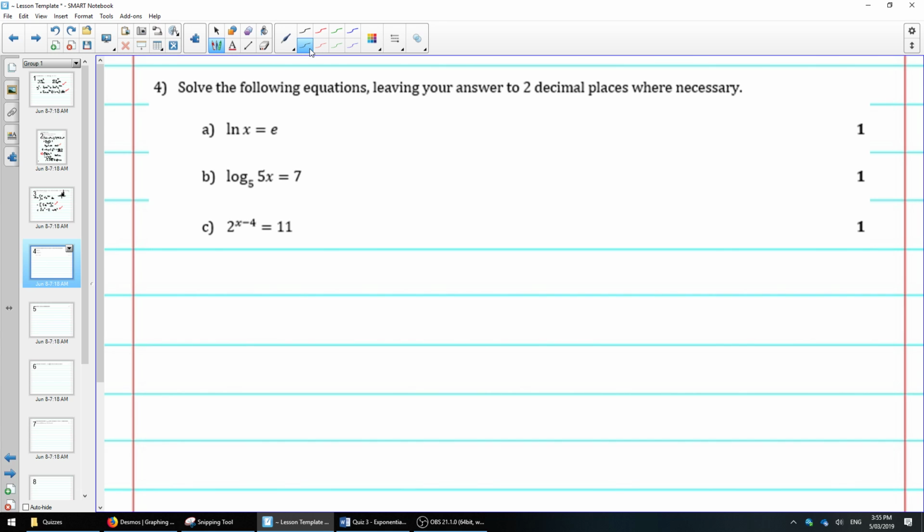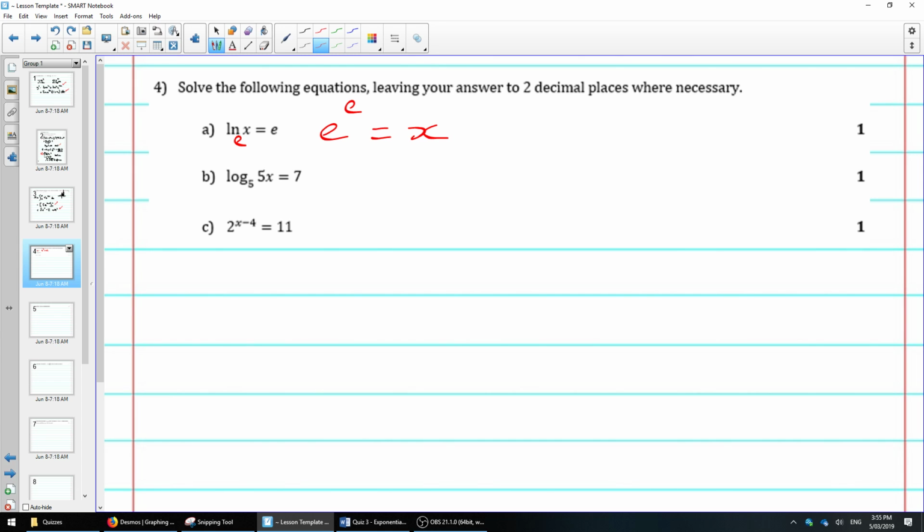Not the logarithmic form, the exponential form. What we're going to do here, if you remember that's base e, I'll write in red here. Remember the base becomes the base, that subject becomes the power.